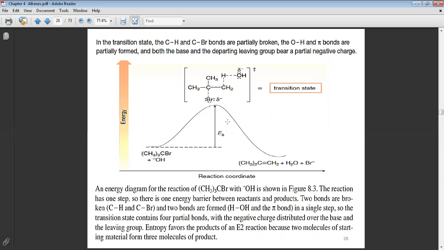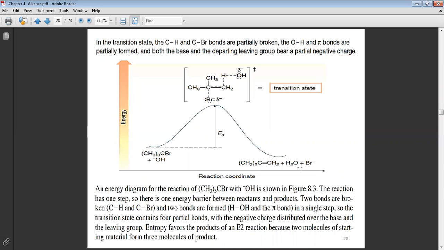With the negative charge distributed over the base and the leaving group. Where is the negative charge? Over the base and the leaving group. That means we have partial negative charge here, and we have partial negative charge here. And entropy favors the product of the reaction because the two molecules of starting material form three molecules of product. That means we have two, and it will give you three products.